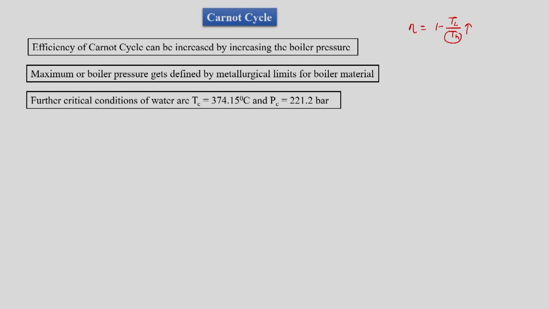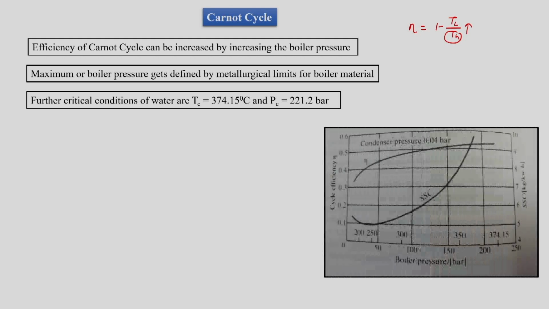So, there is not much problem about the material limits in case of the Carnot cycle, but yes, we cannot go higher than this condition, since we would come out of the dome and then the process of heat addition would not remain isothermal heat addition. Therefore, the critical condition cannot be crossed in case of the Carnot cycle.